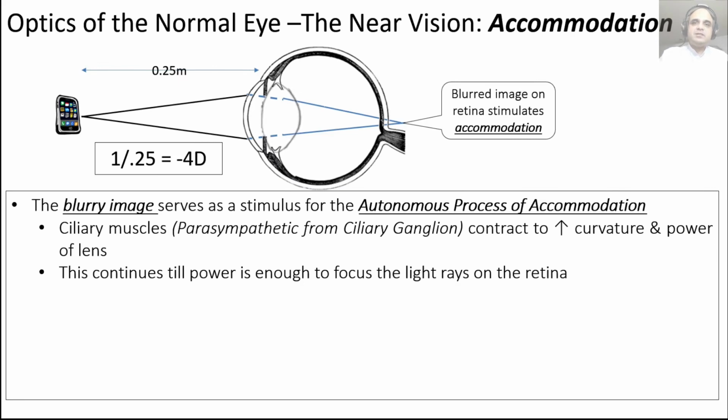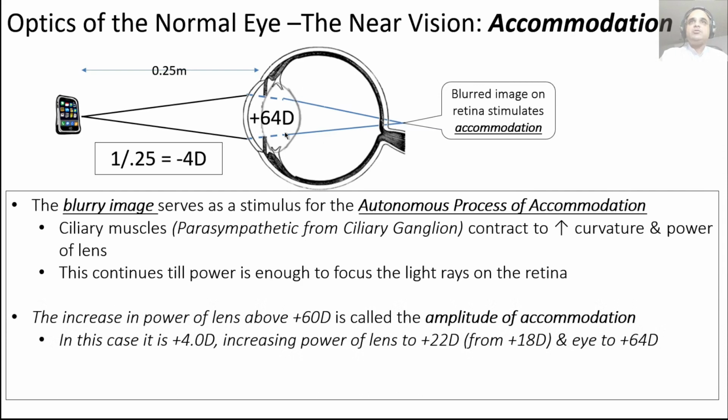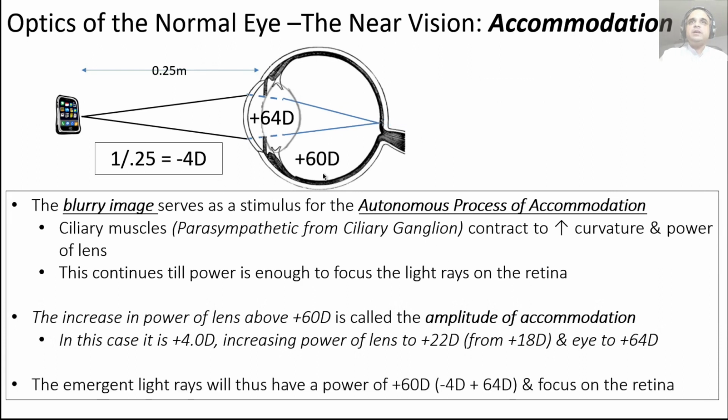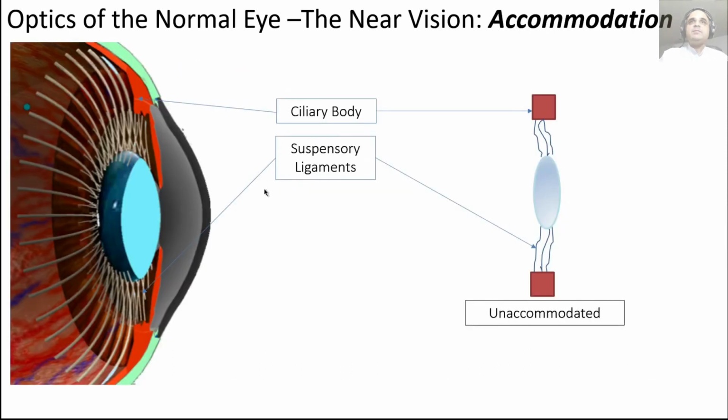So actually the lens is raising its power from 18 to 22 diopters. Thus the eye goes to 64 diopters. So -4 plus 64 equals 60 D, and the light rays would now focus on the retina. So in order to focus near light rays, the eye must accommodate so that it can increase its power. And how that happens is by contraction of the ciliary muscles.